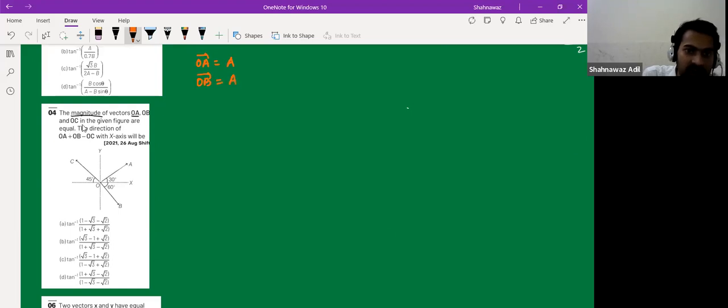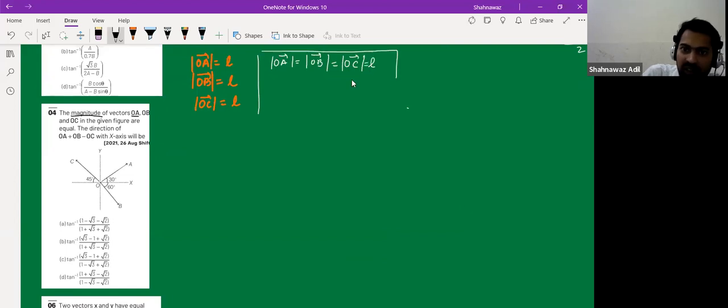And the magnitude of OC is also L. So the magnitudes of all these three vectors, OA, OB, and OC, are equal. This is given, right?